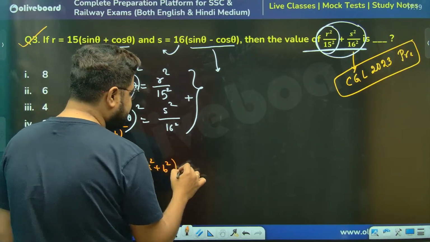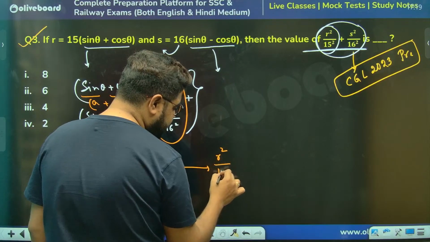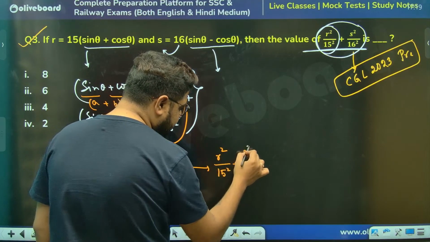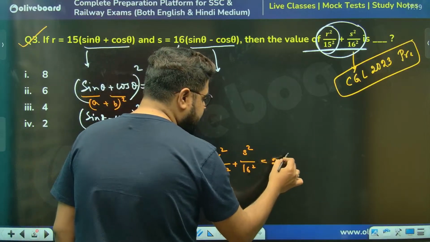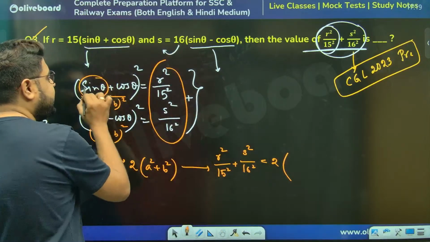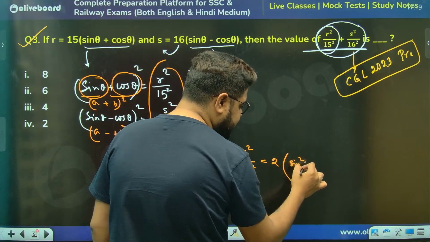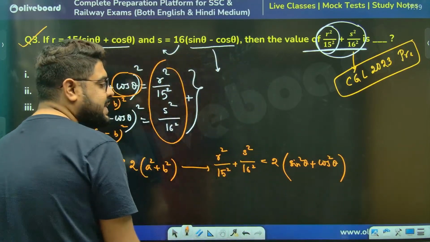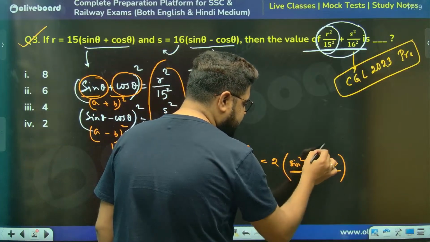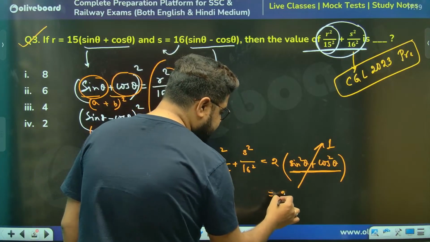Meaning, this thing equals r square by 15 square plus s square by 16 square, which will be 2 times a square plus b square. A is sine theta, b is cos theta. So sine square theta plus cos square theta, everybody knows this to be 1. So the answer to your question is 2.